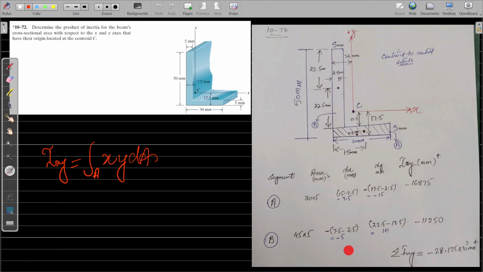Now let's go for dy. It will be the height from this point to this point.